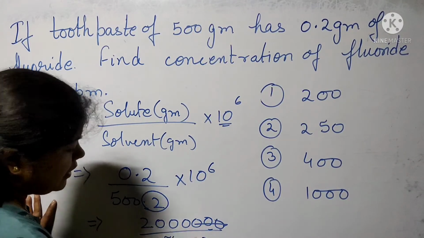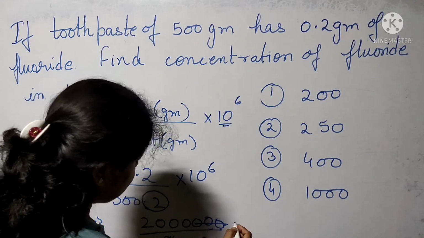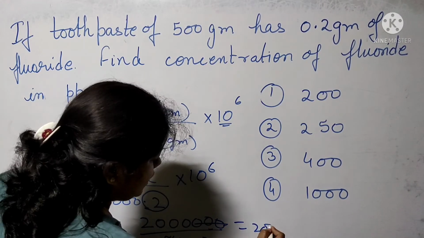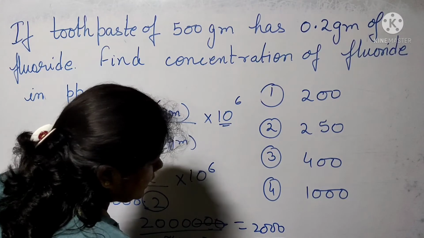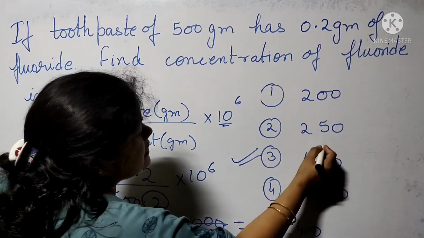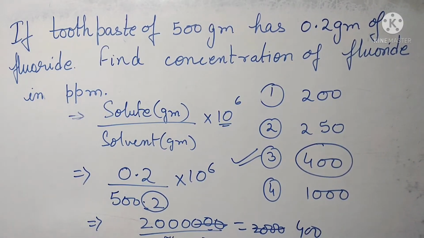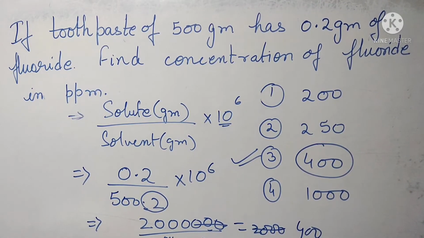That means if we round off 500.2, we simply get 2000 over 5, and we get 5 fours are 20, so approximately our answer is 400. So in order to find a concentration in ppm, we have to multiply with 10 to the power 6. This is the main thing.